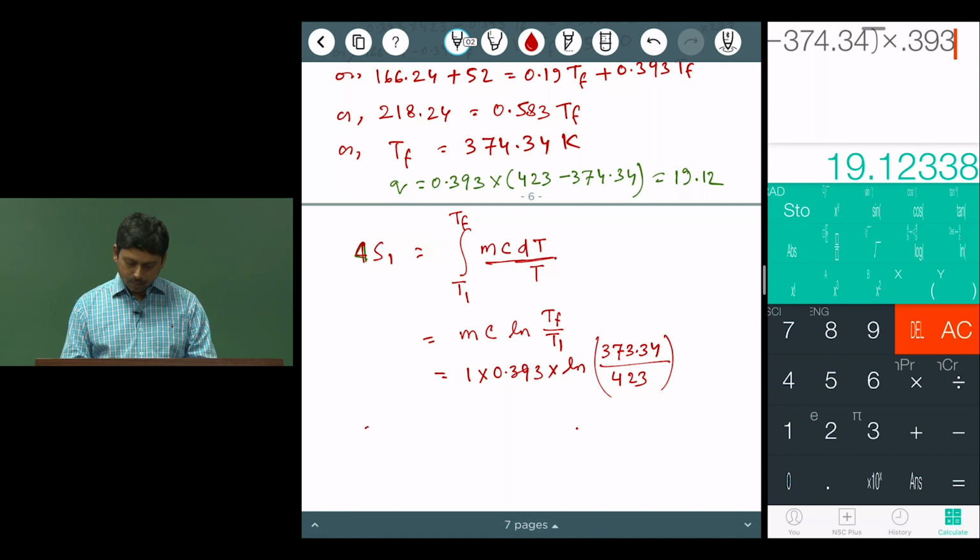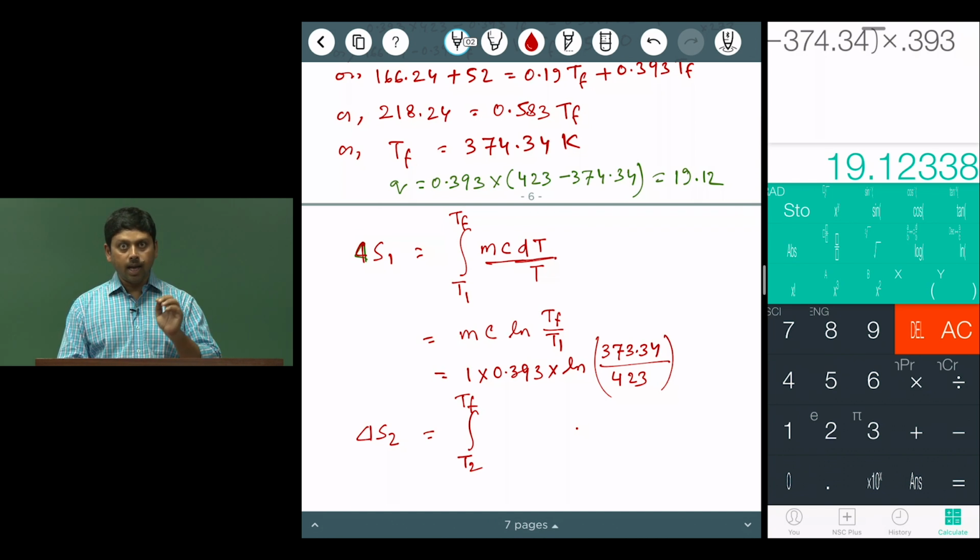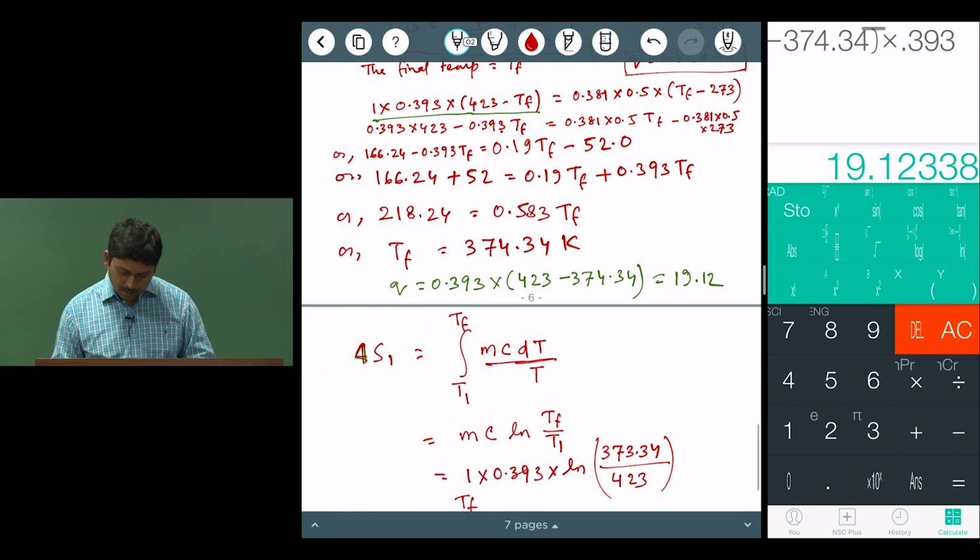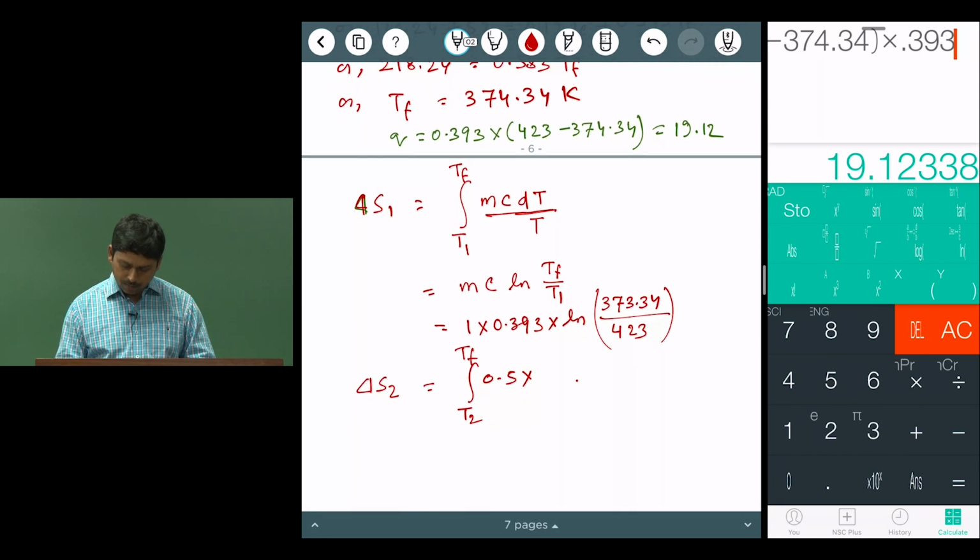Similarly, for S2 we have to calculate from T2 to Tf. As you can see, S1 will be a negative quantity because the heat is going out of the system, and S2 will be a positive quantity because it is coming in. This is 0.5 into 0.381, if I remember correctly, 0.381 multiplied by ln of, okay, sorry, let me write it once more.